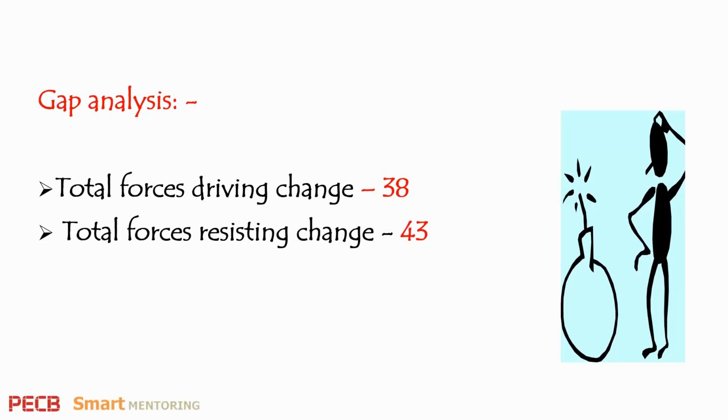Right, now a little bit on the analysis. We'll see here that the forces driving the change in total come to 38, and those resisting come to 43. So before we've even done anything, we can see there's a 5-point negative from this analysis, which is the norm.